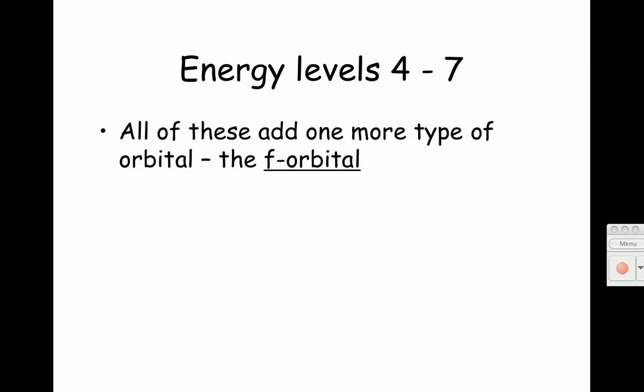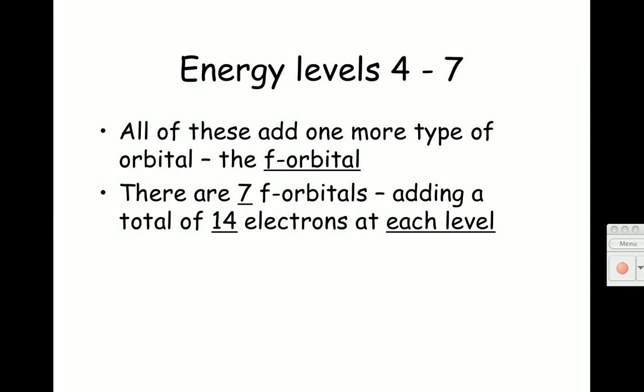Now, with the f orbitals, there are 7 of them in each of the energy levels 4 through 7. So this adds a total of 14 electrons to each of the energy levels, starting with number 4. So energy level 4 is going to have an s orbital, 3 p orbitals, 5 d orbitals, and 7 f orbitals. And so will 5, 6, and 7.